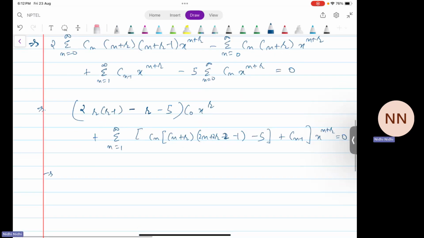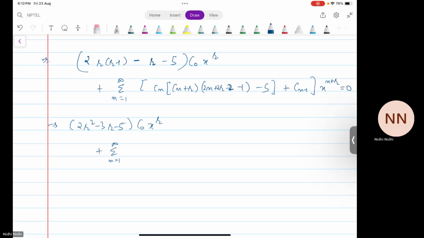This gives us 2r square minus 3r minus 5 times c naught x to the power r plus summation n from 1 to infinity Cn times n plus r, 2n plus 2r minus 3 minus 5, plus Cn minus 1 times x to the power n plus r is equal to 0.